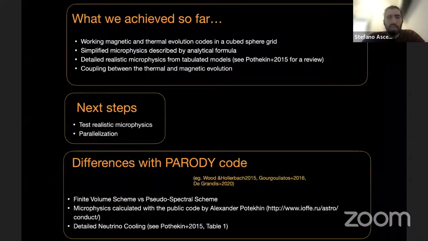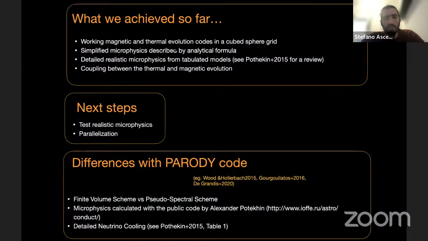And so basically this concludes my talk. I just want to summarize a bit what we achieved so far in the development of this code. At the moment, we have two different codes that are both working for the magnetic evolution and the thermal evolution.